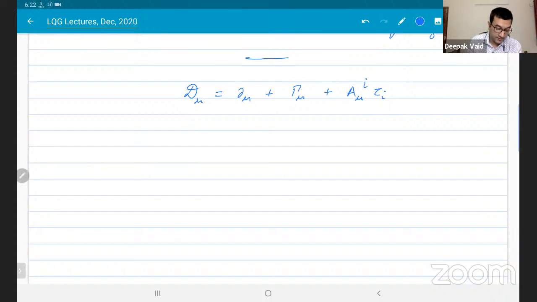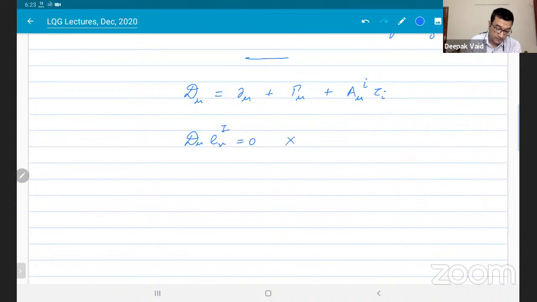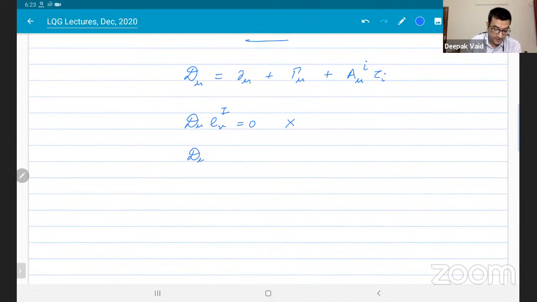And so I had said that the Gauss constraint can be written in this form, but as my student Devadarshini pointed out, this is also incorrect, because in order to get the proper cancellation, what you need is that this acts not on E but on the co-triad.